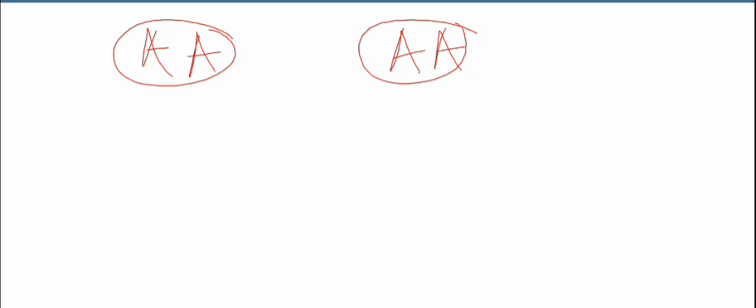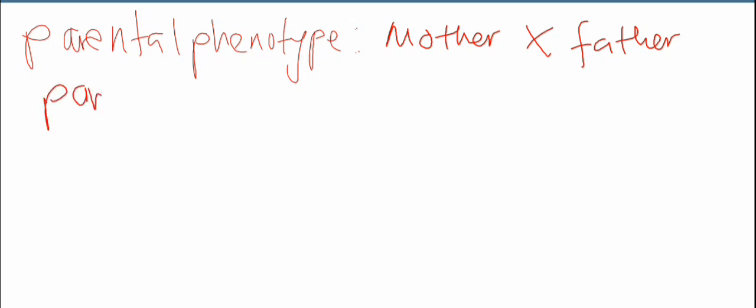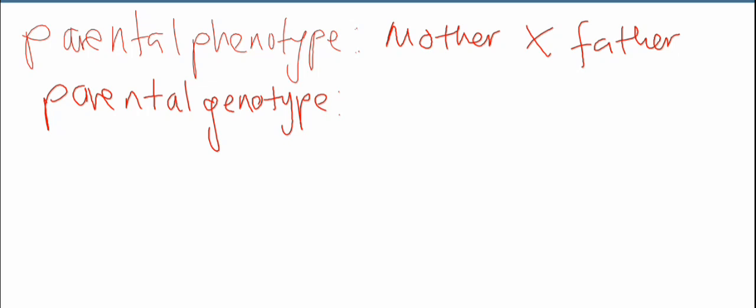Okay? Now let's use this one here. So let me just start with the parental phenotype. So on part of the parental phenotype here, we are going to have mother close to father. Okay? Then the next one is going to be the parental genotype, where we are going to use now the alleles. They are the same genotypes.